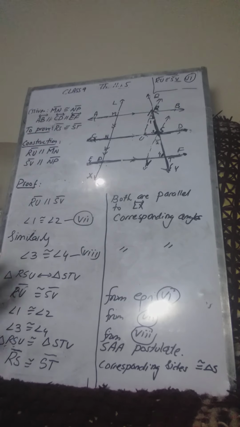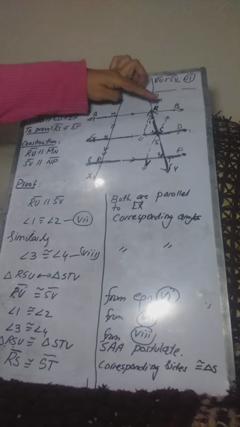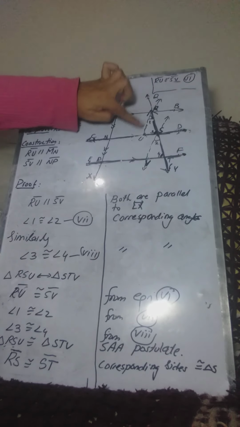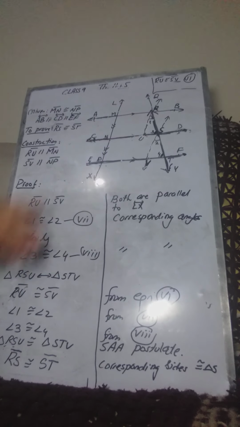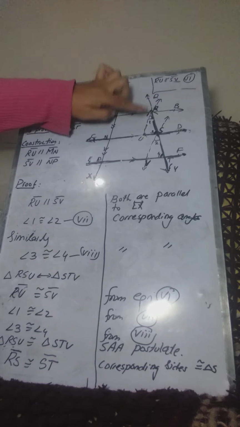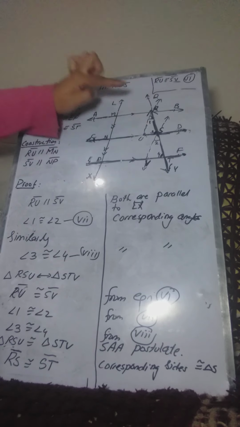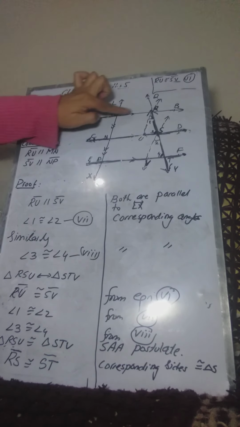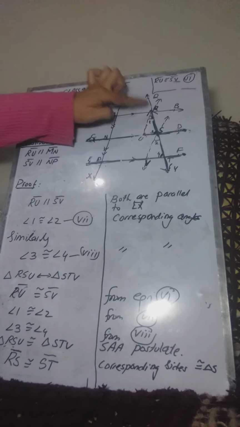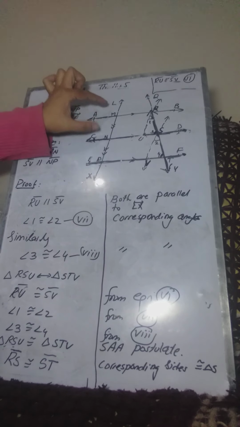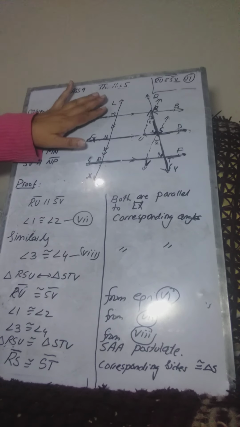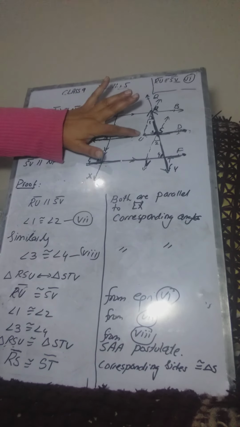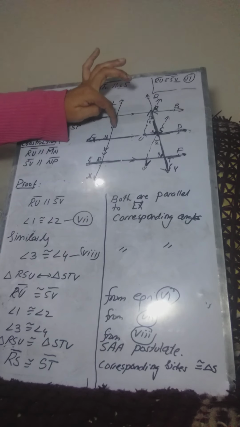So all we did was, first of all, these lines AB and CD were parallel, and we drew a line RU. I'm just giving the summary of the whole theorem again. We are finished with the theorem. First we made the line RU parallel to MN, which made this figure a parallelogram, and from the properties of the parallelogram we got that MN is equal to RU, because these are opposite sides.